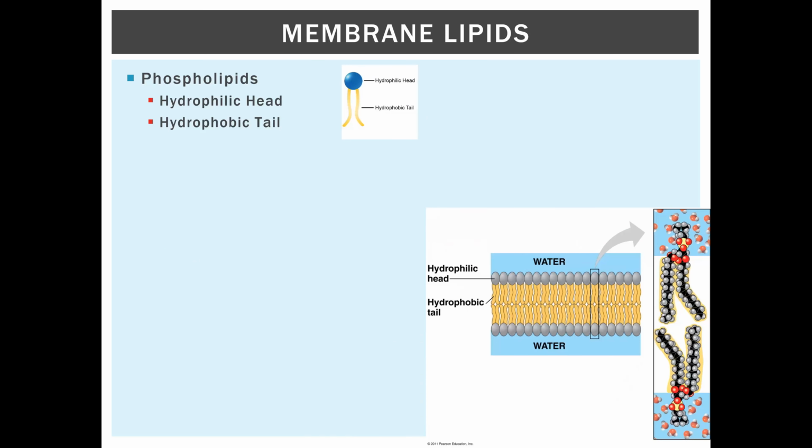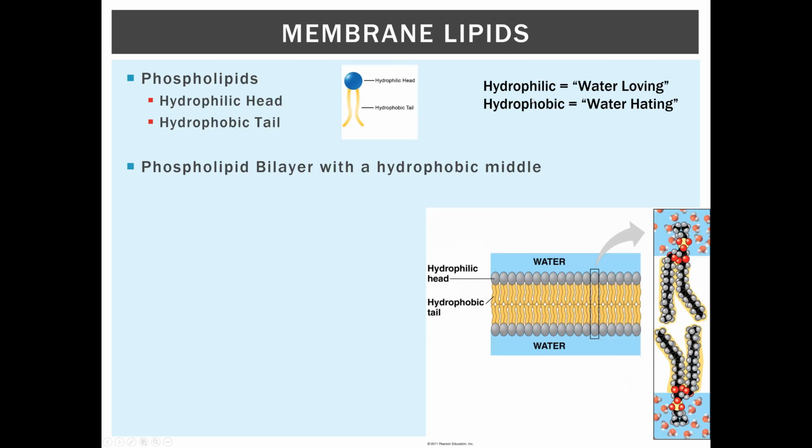So let's talk about the membrane lipids. The membrane itself, the backbone, the basic structure, is made up of phospholipids. Phospholipids are little molecules that look similar to this little picture up here. They have a hydrophilic head and two hydrophobic tails. Remember that hydrophilic means water-loving and hydrophobic means water-hating.